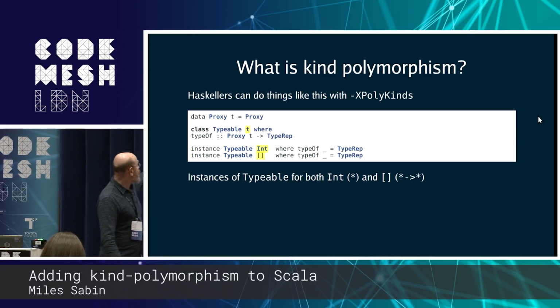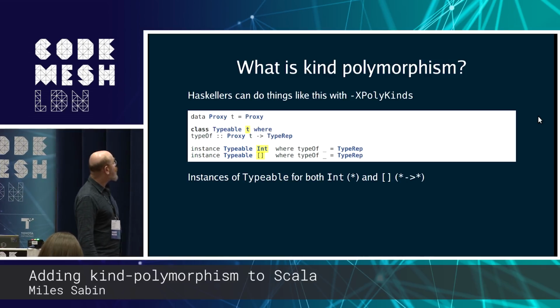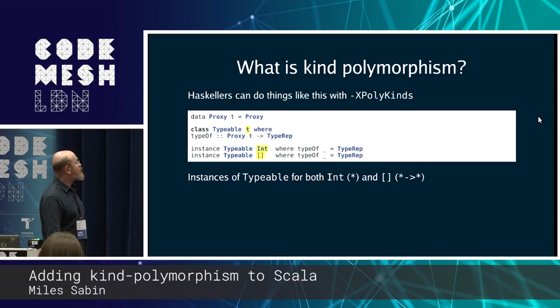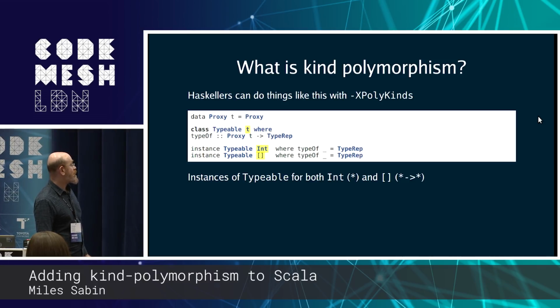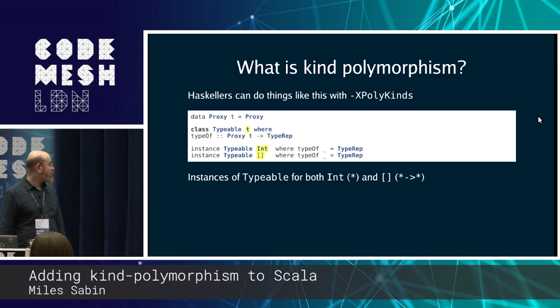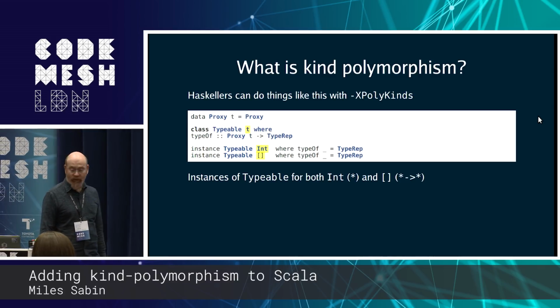You can see that we have a type parameter T for Typeable, and we can produce instances both for Int and also for the List constructor. So in the first case we have an instance for Int, a type of kind star, and for the List constructor we have an instance for a type of kind star arrow star.